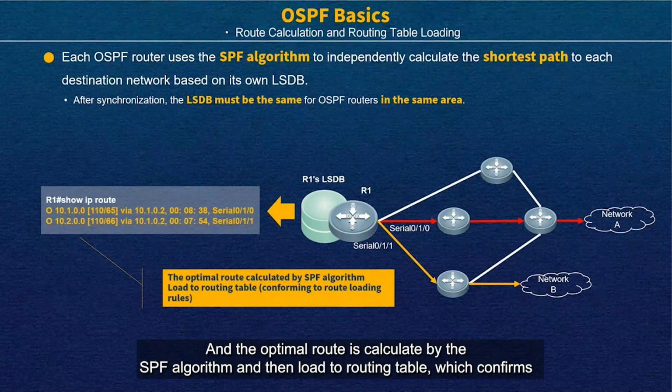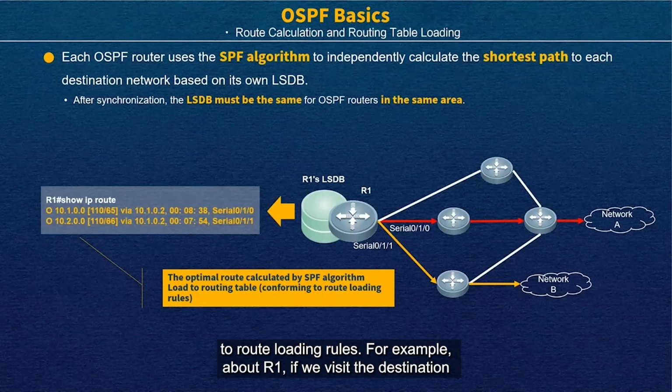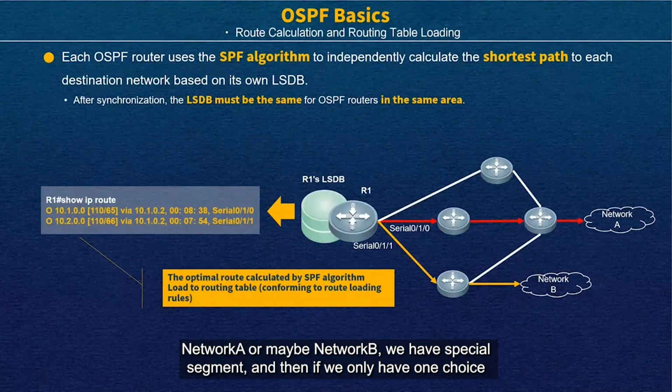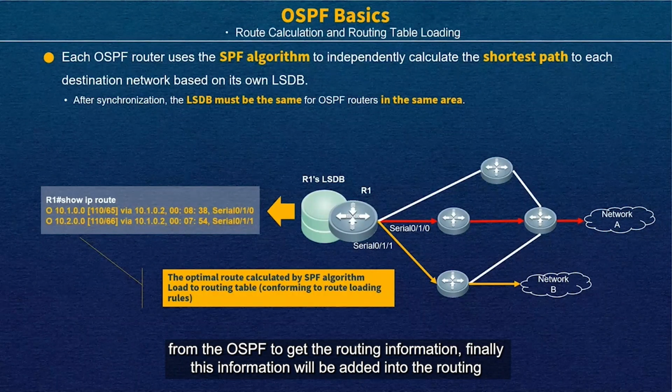And the optimal route calculated by the SPF algorithm is loaded to the routing table, conforming to route loading rules. For example, about route 1, if we want the destination network A or maybe network B, we have a special segment. If we only have one choice from the OSPF gathered routing information, finally this information will be added into the routing table.